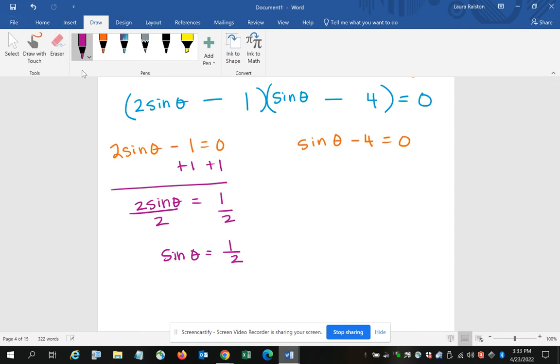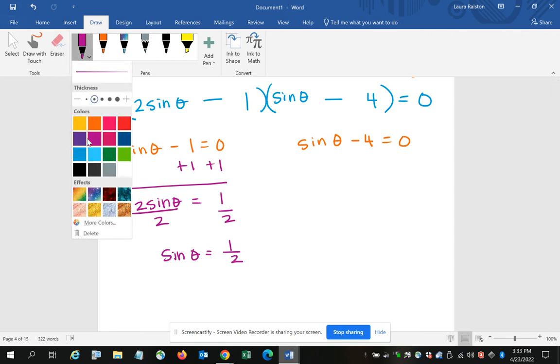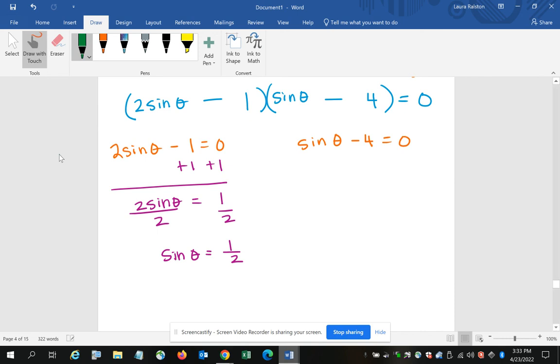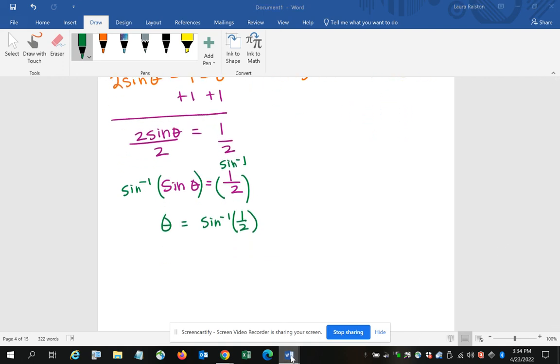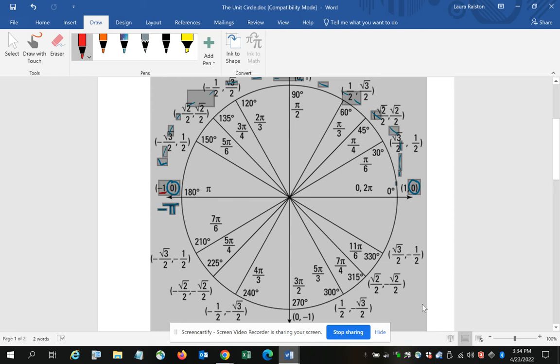So again, if I use the idea of the arc sine, I'm asking myself, where on the unit circle does the sine equal positive 1/2?